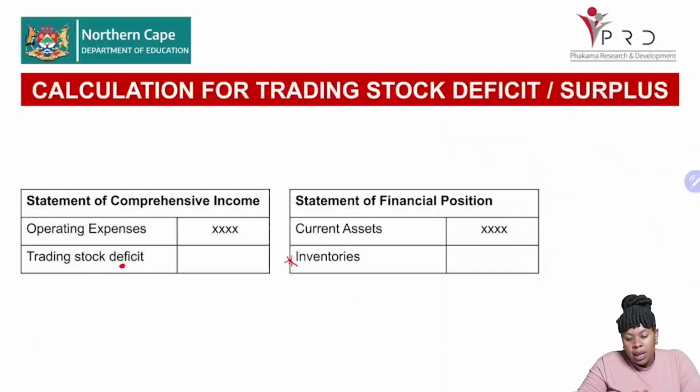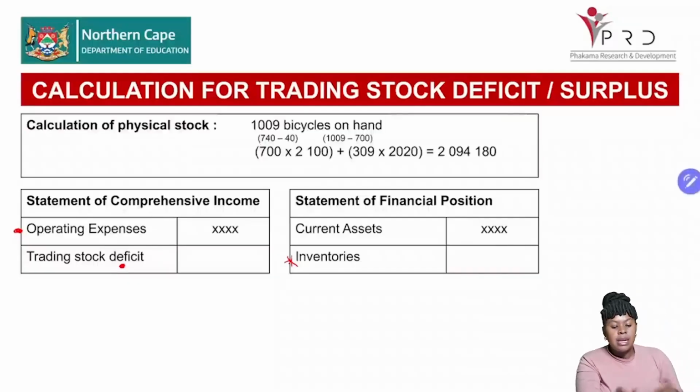Or if we had a surplus, then it would affect our statement of comprehensive income, however, it would be under the other operating income section. As you can see, our deficit is indicated under our expenses because we have lost that stock. We have stock that's missing.